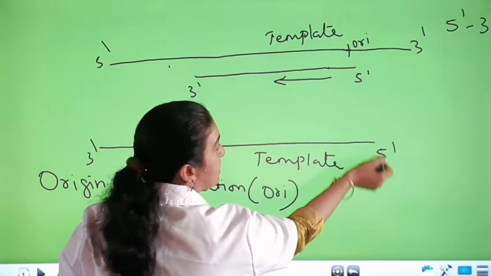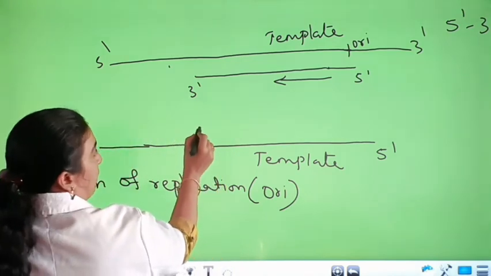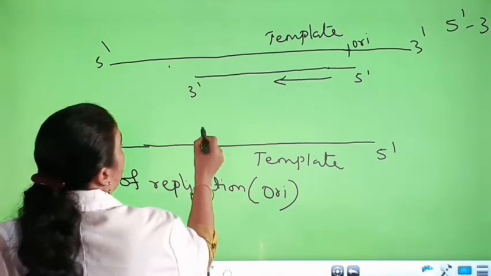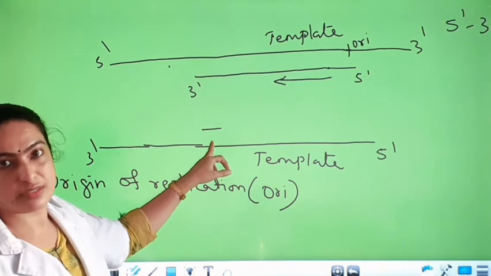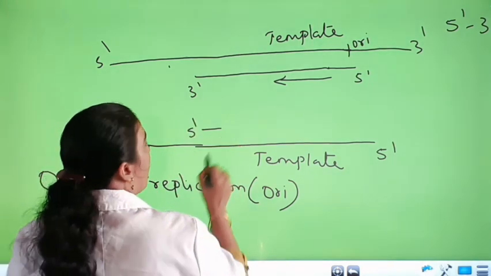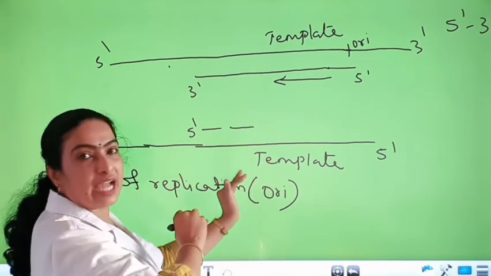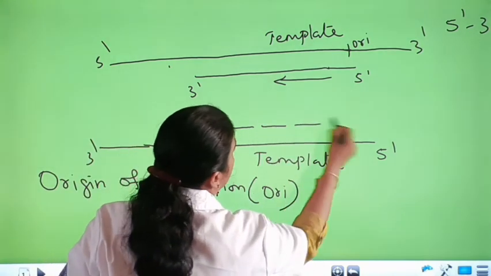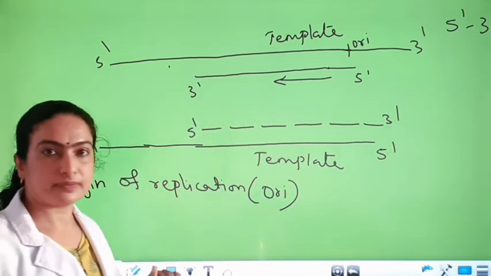They must be anti-parallel, so they need to start the polymerization in the opposite direction. So here the primer has to be added by the primase. Then a strand is formed in the 5' to 3' direction as fragments, in the opposite direction. Due to this, a discontinuous strand will be formed by the DNA polymerase enzyme.